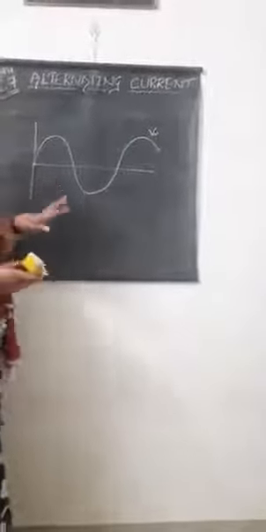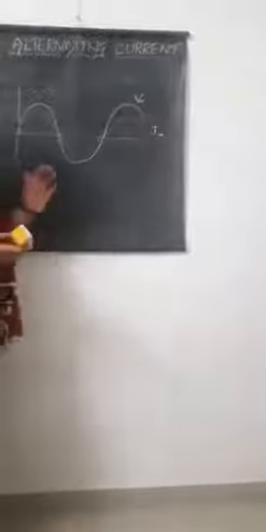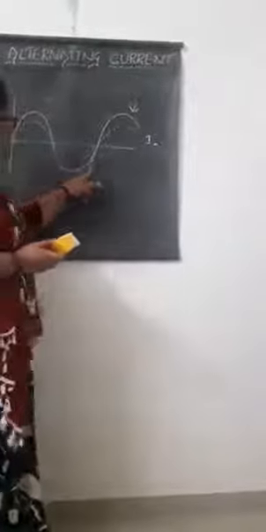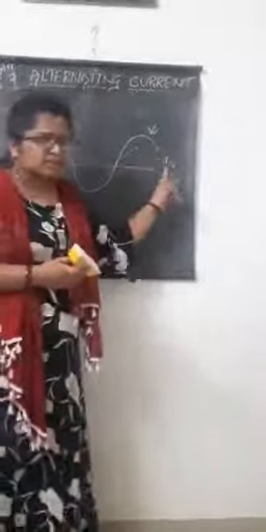The other wave is B, represented in the same diagram, and this dotted line represents the instantaneous current. So the solid line, wave A, represents instantaneous voltage, and the dotted line, wave B, represents instantaneous current.